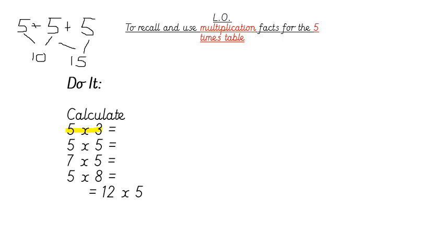So I've done the first one for you. The next one, 5 times 5, 7 times 5, 5 times 8. Remember, it doesn't matter where the 5 is. And then the last one is 12 times 5, but remember, you must write the answer at the beginning. Okay? So pause the video now and do your do it.